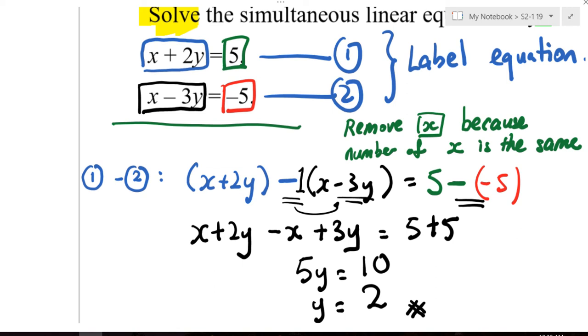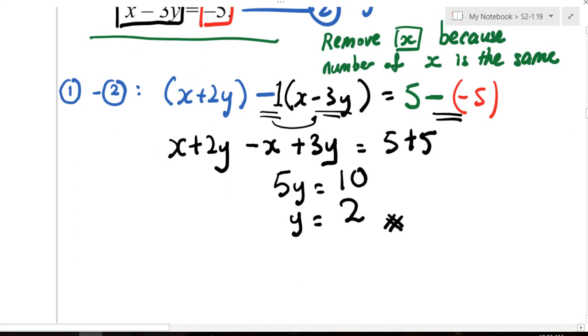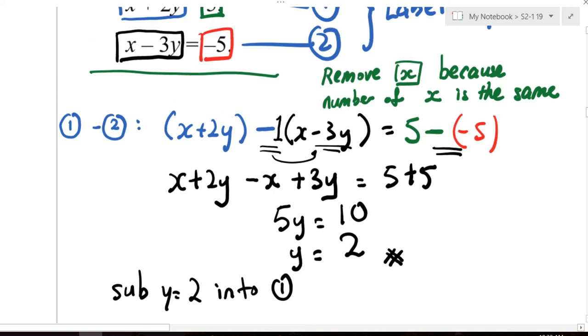So y equals to 2, where do I have to put back into equation 1? So let's try. Put back equation 1. So this is what you write. Sub y equals to 2 into equation 1.